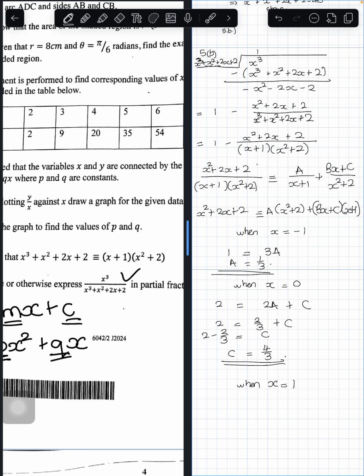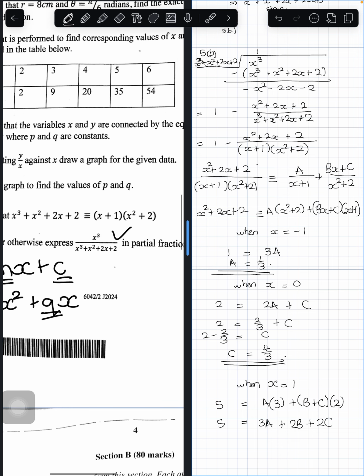So 1 squared plus 2 times 1 plus 2, what are we getting? We're getting 5, which is equal to a, open bracket, 1 squared plus 2 is 3. 3 times a is 3a, plus 1 times b, we're getting b plus c, then 1 plus 1 is 2. So we have 5 is equal to 3a plus 2b plus 2c.